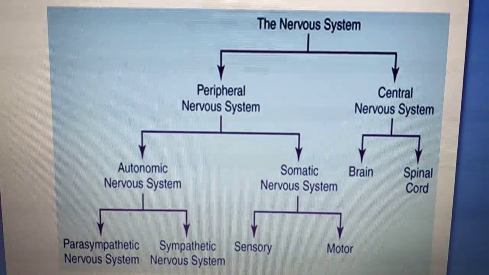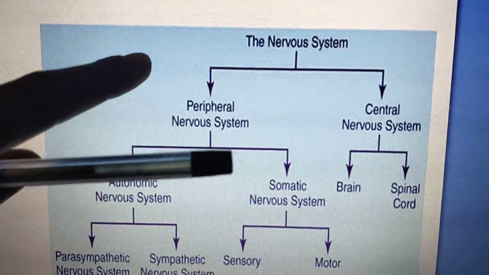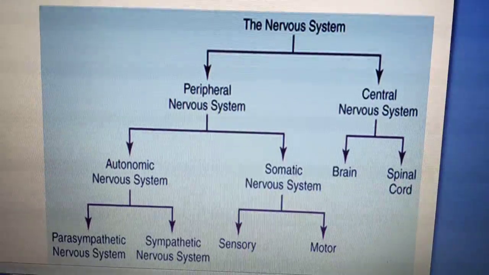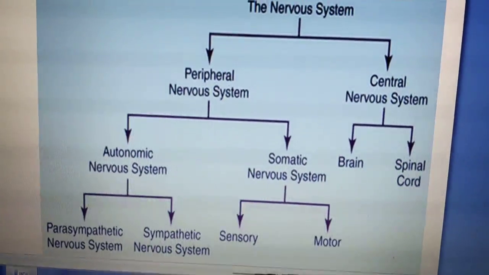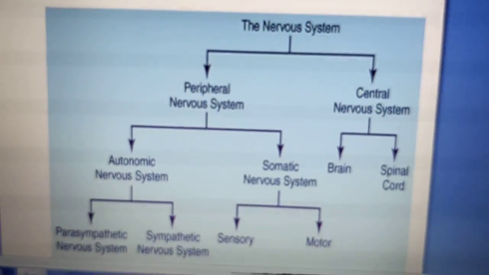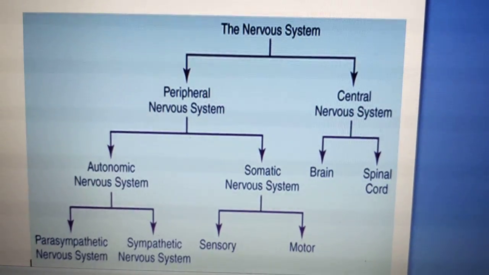Now we'll see the classification of the nervous system, which is very important. Usually we have the idea that the nervous system is the brain, but it is not like that. The nervous system is a vast category, a very big category which includes so many types.